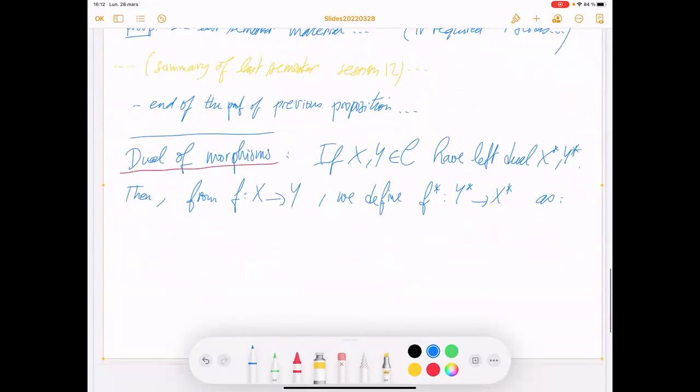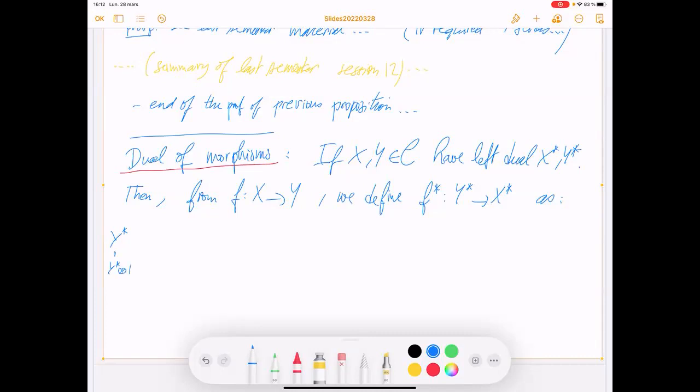So it will be defined as a composition. As for the zigzag relation, don't worry, we will have a pictorial representation of this composition, which makes everything intuitively clear. So you have f from X to Y, and we want to define something from Y star to X star. So you start from Y star, and you know that Y star is Y star tensor 1.